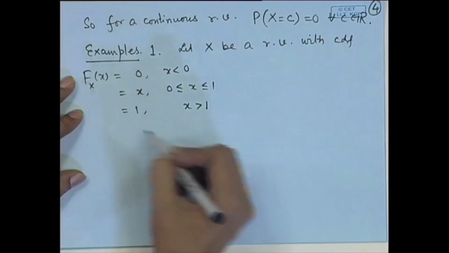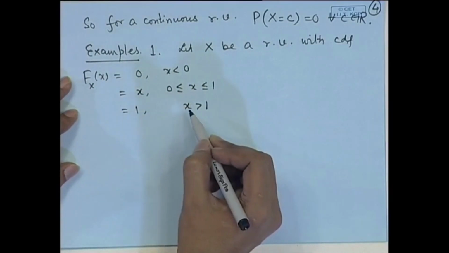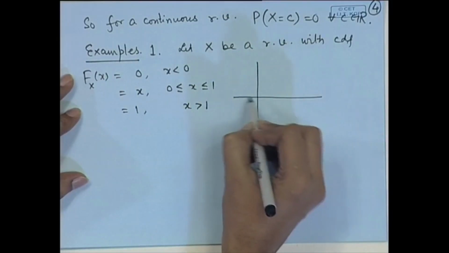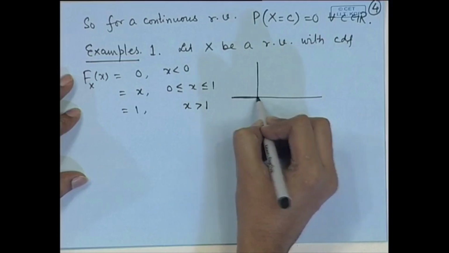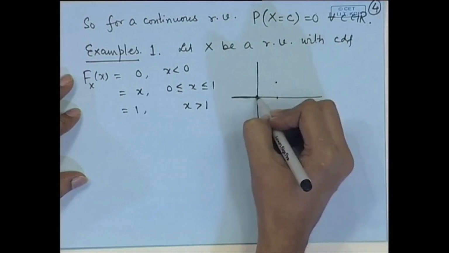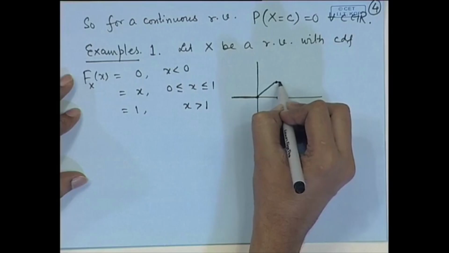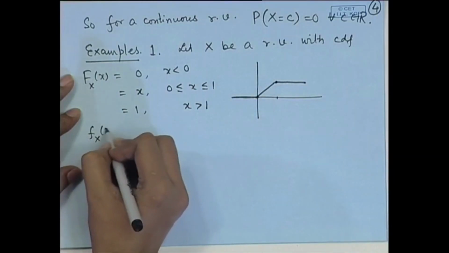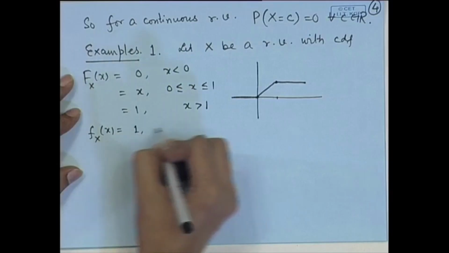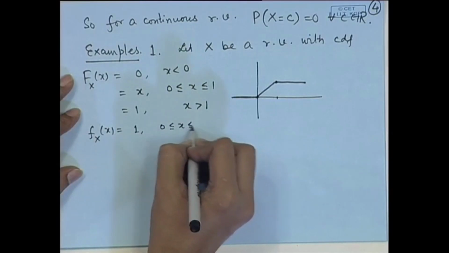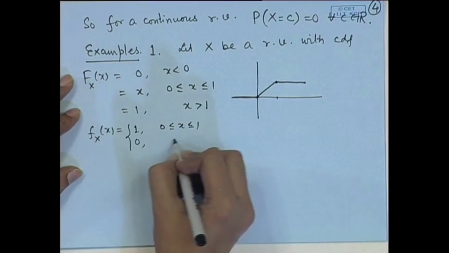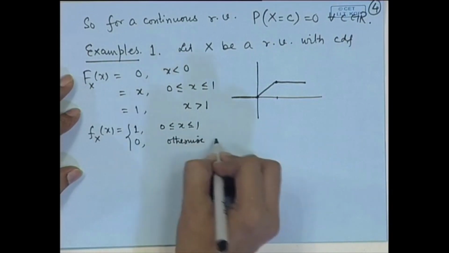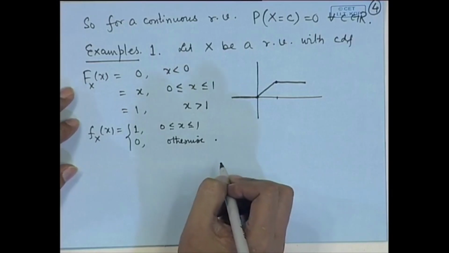Quite obviously, this is an absolutely continuous function, and in fact, you can plot it. For x less than 0, it is 0, for 0 to 1, it is x, and thereafter it is 1. So, the density function is given by 1 for 0 less than or equal to x less than or equal to 1, and it is 0 for x lying outside the interval 0 to 1.